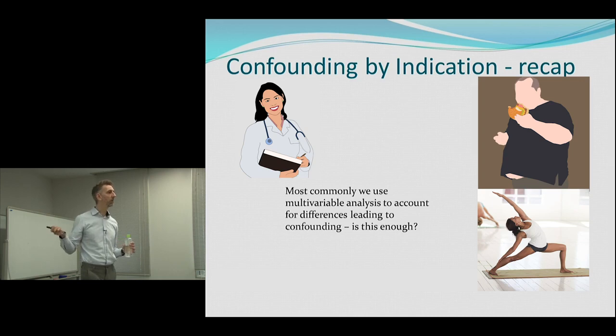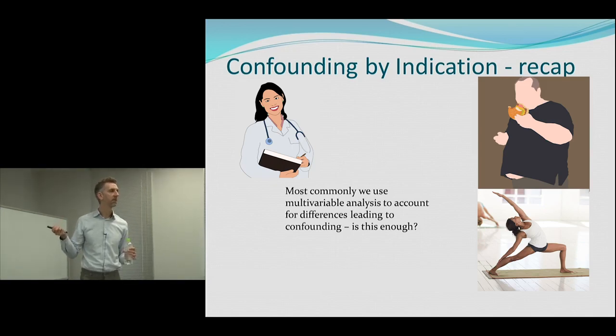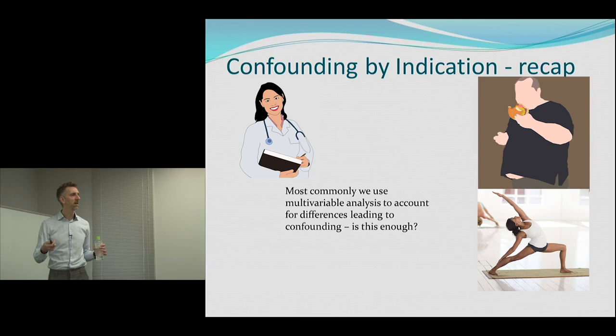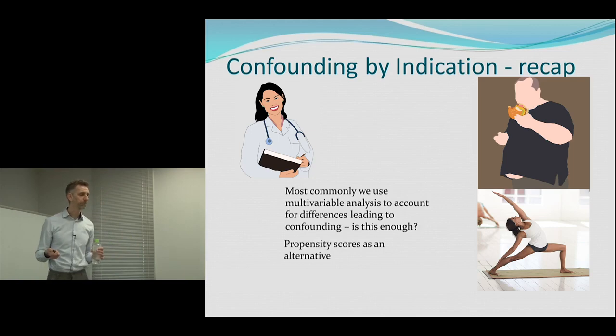On an individual level, we would all know not to compare him with her and assign differences in outcomes to his statin. Yeah? If we wanted to look at the effect of statins, we just would not compare him with her. But what if our statin group are just a bit more like him and our no statin group are a bit more like her? I think it would be difficult to know just by looking at the data that this is the position we're in. So I think confounding by indication is probably the biggest of all the problems we have in pharmacoepidemiology.